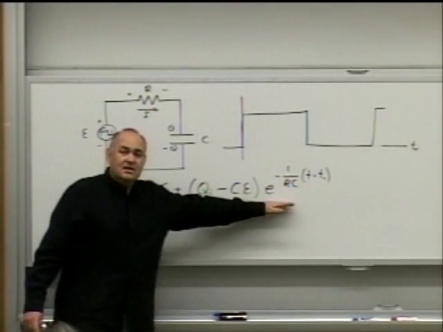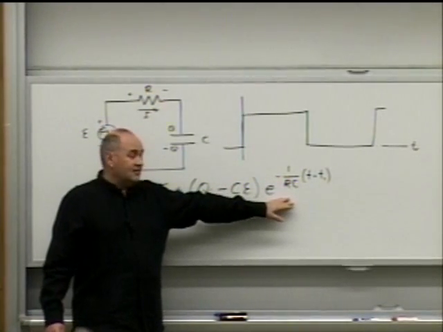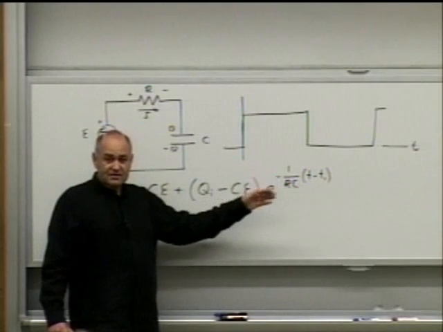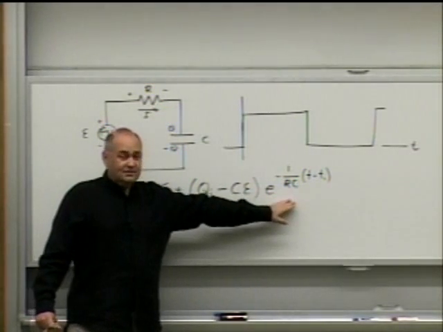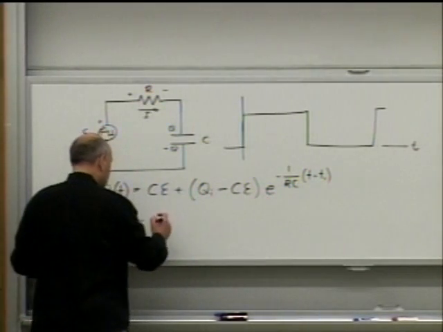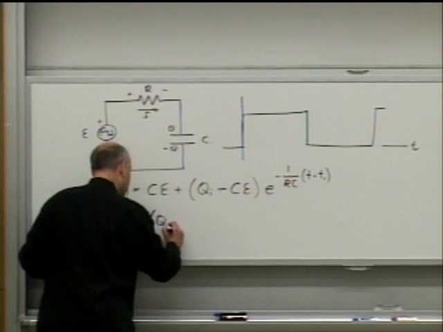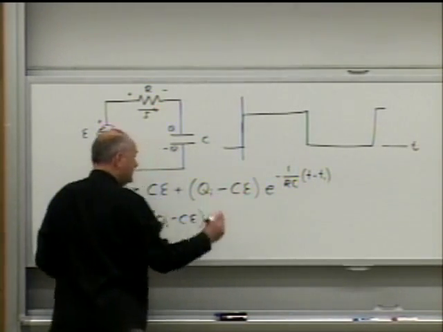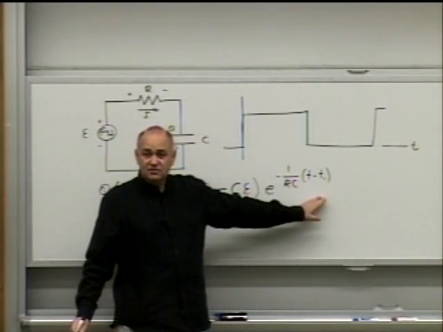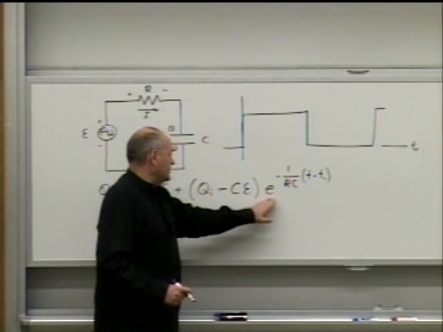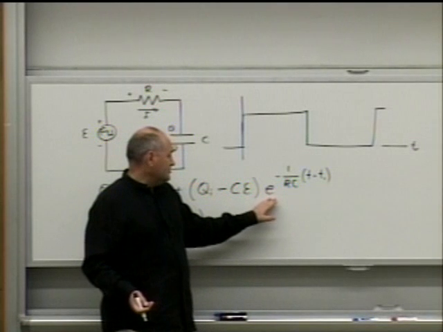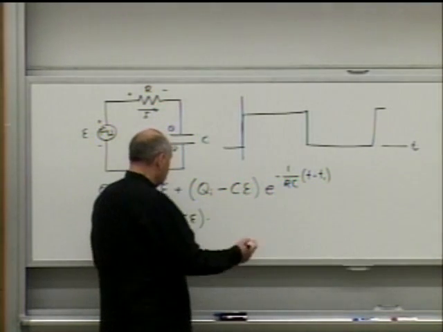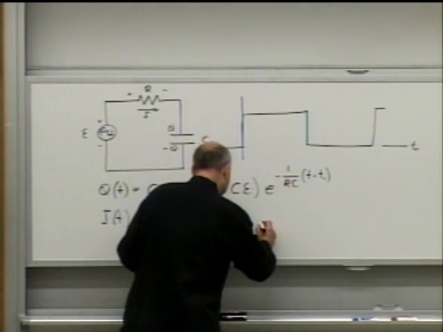Now here I have constant times a function, so derivative of this product is constant times derivative of the other function. So I just copy the constant and calculate derivative of this exponential function. It's a composite though. So external function is the exponential function, and derivative of exponential function is an exponential function.